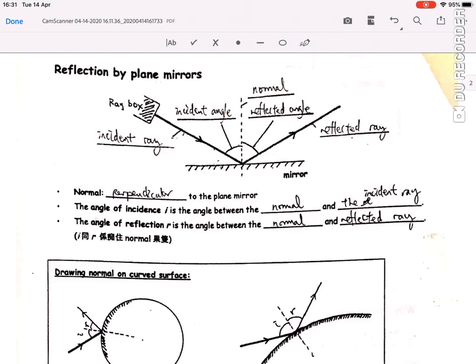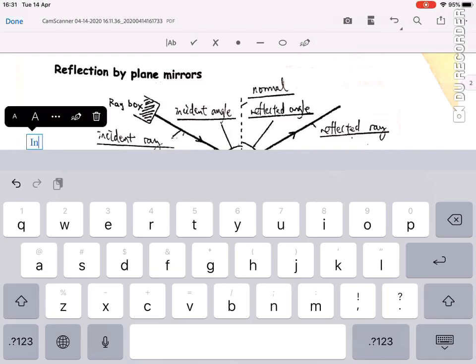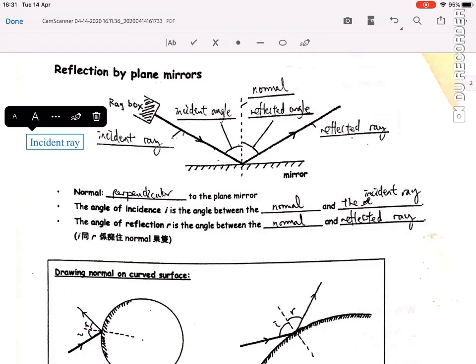Let me write it better so you can see, it's called incident wave. Okay, so in here we call it incident wave. The one starting from your left-hand side there is going in at an angle. So in here we call it the incident angle.